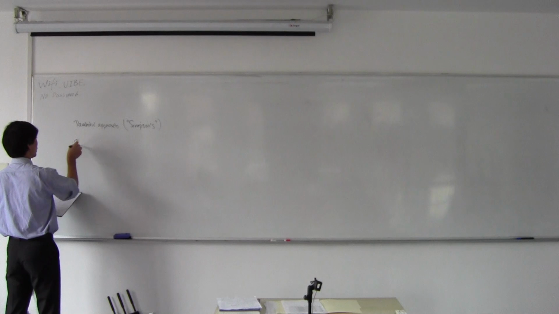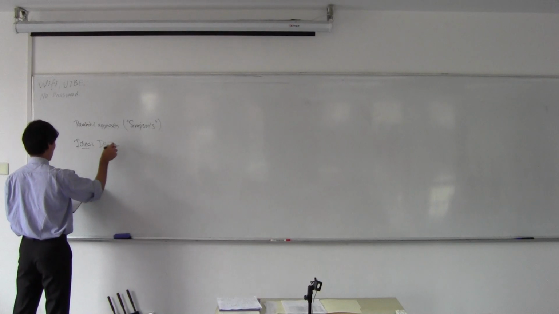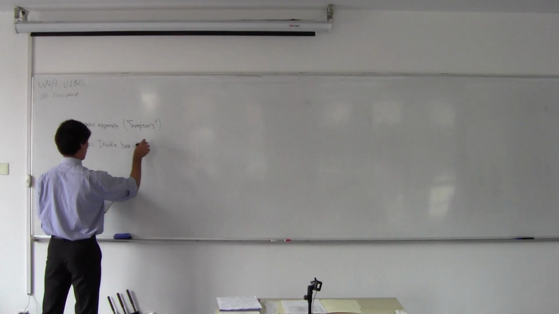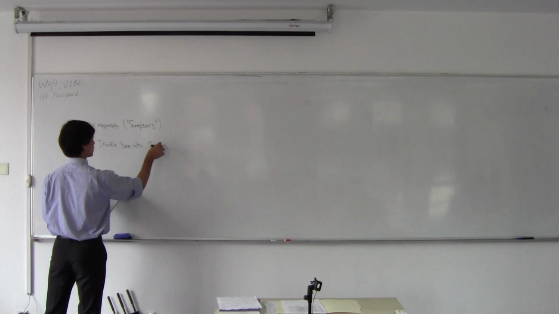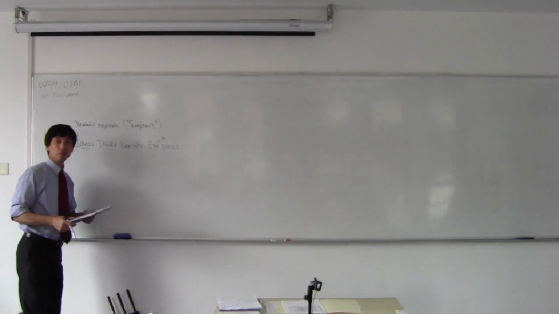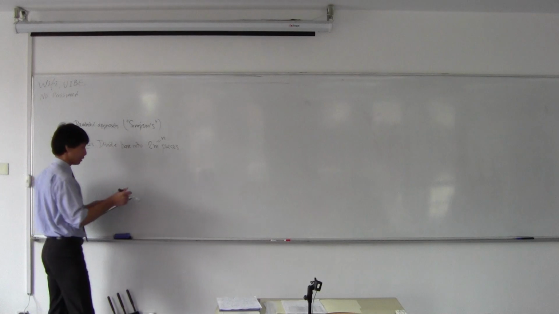So the idea is to divide the base into 2m pieces, so your number is always going to be an even number.